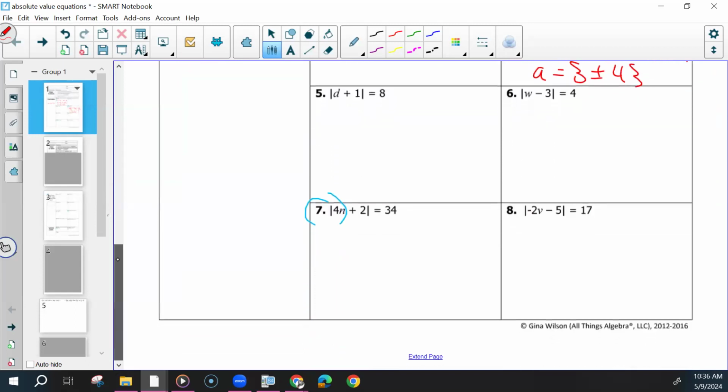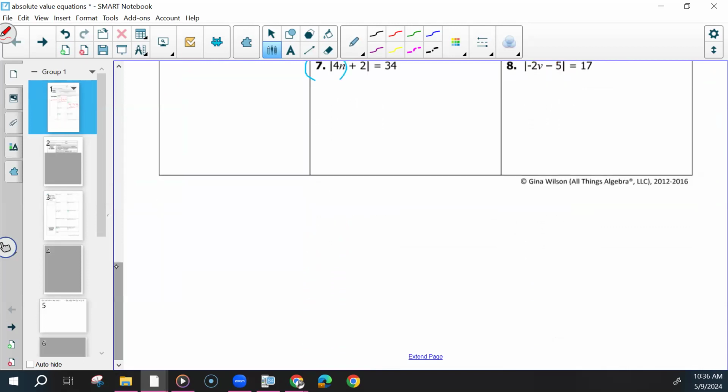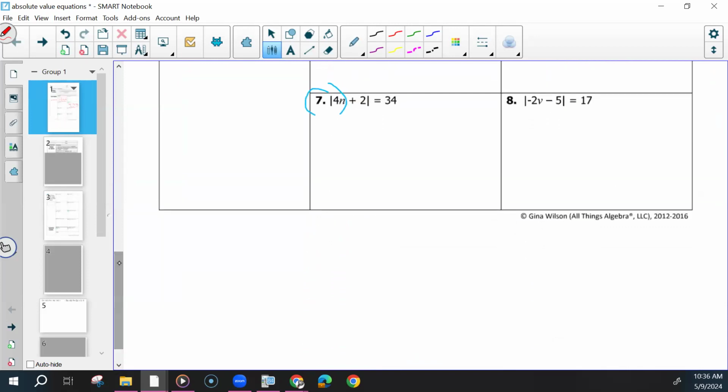Let's do 7. 5 and 6 will be similar. 7 just adds another step. So again, if you want to set it up like that, or you want to separate it, either or. It's already isolated. I'm going to go ahead and make this equal to negative 34, drop the absolute value, and positive 34. How would I start to solve this?